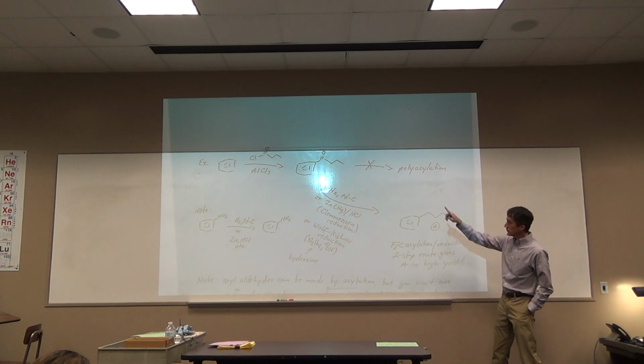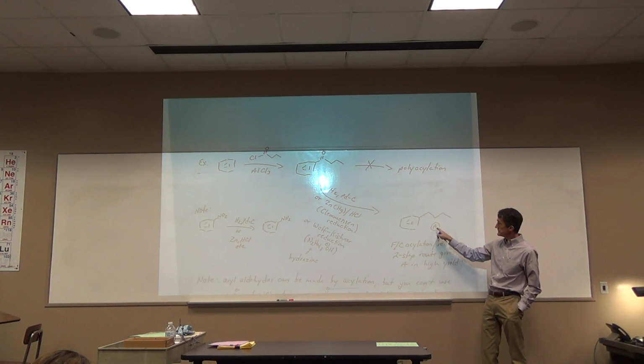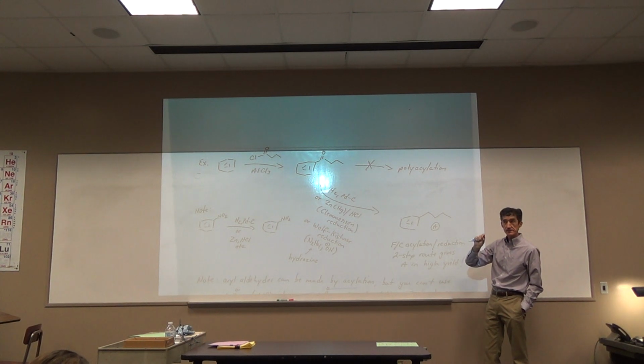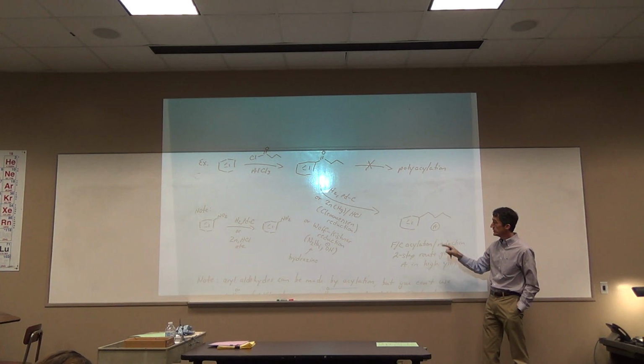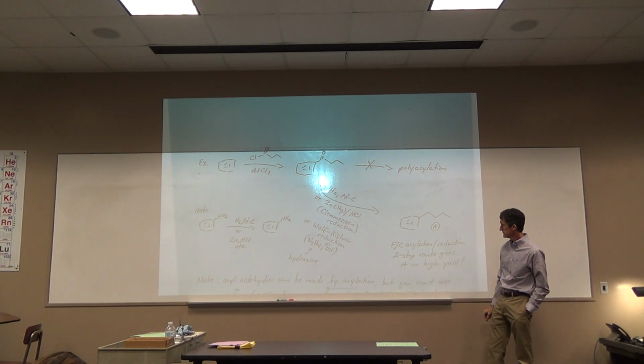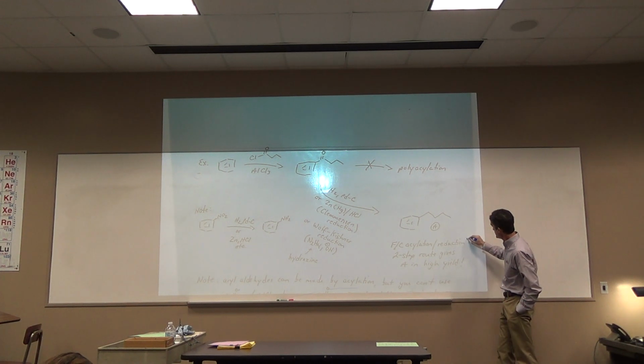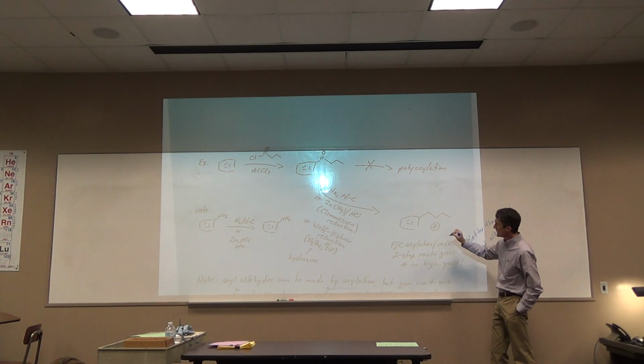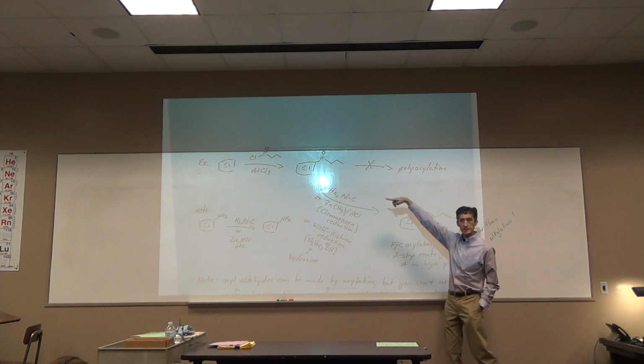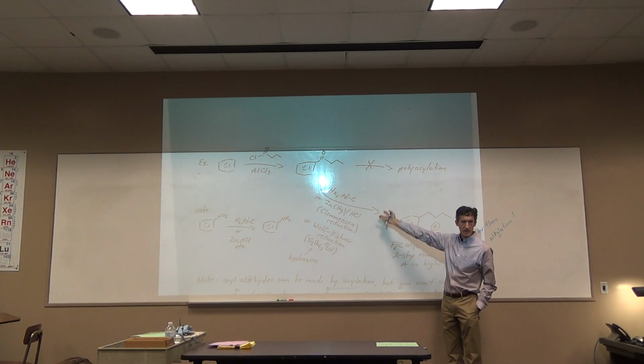And this route, a 2-step route, is better to make compound A. On the previous page, we showed a single direct alkylation is not as good. This is better than direct alkylation. 2-step: acylation followed by what? Reduction.